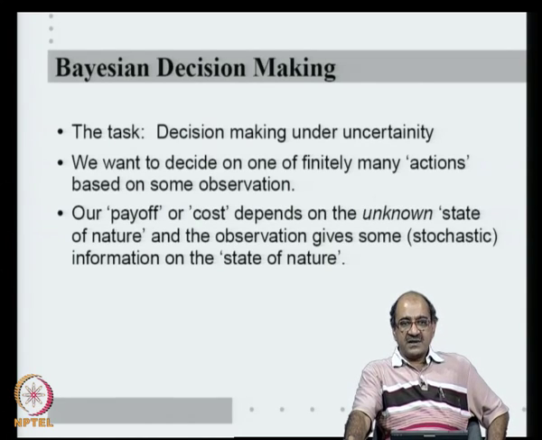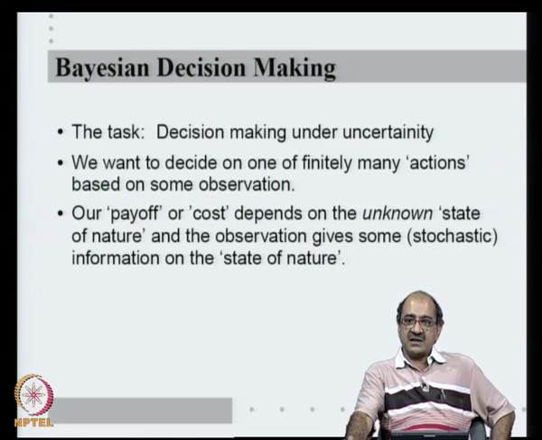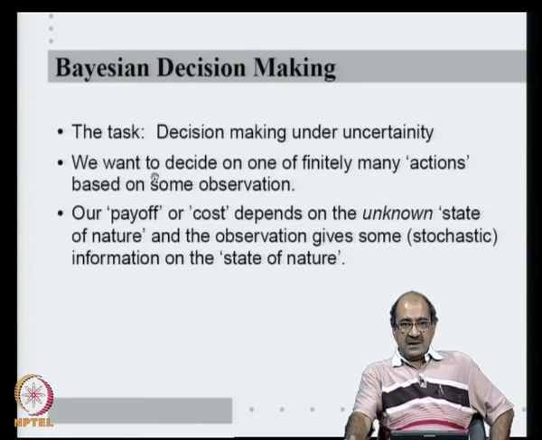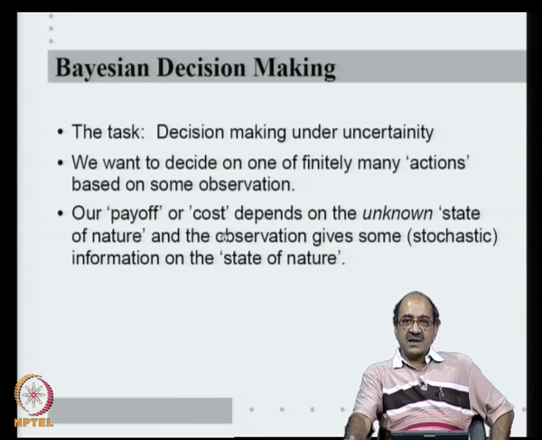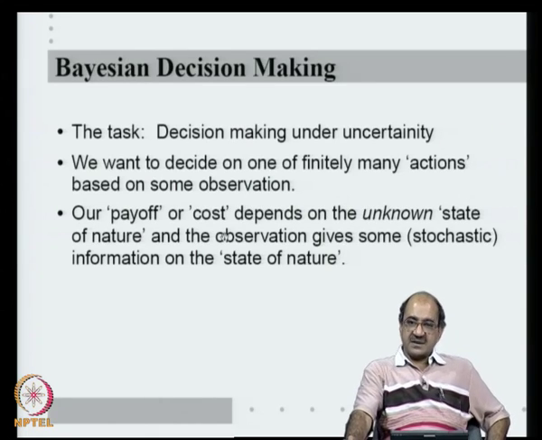Or if I am thinking of identity authentication as a classification problem, I look at a fingerprint image and an identity claim, that is my observation. Based on that, I have to take an action of yes or no. The uncertainty is because the cost of my decision depends on some unknown state of nature.